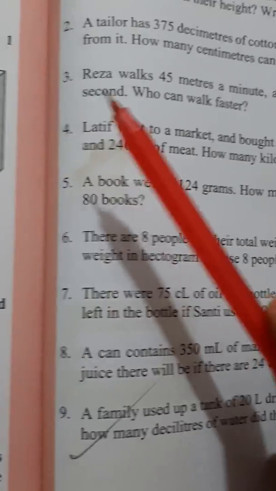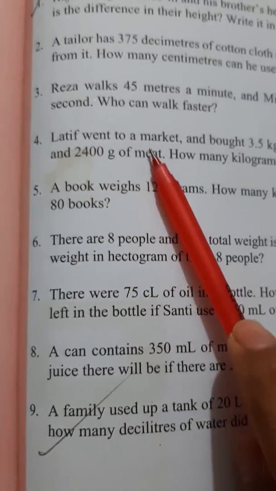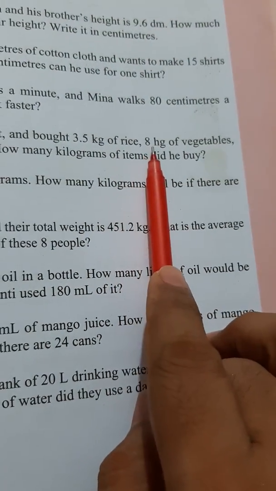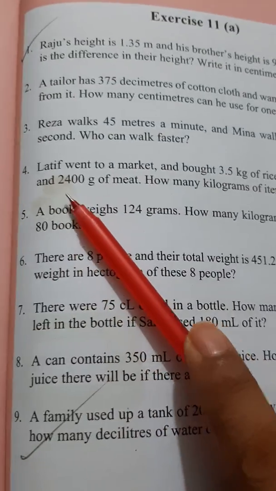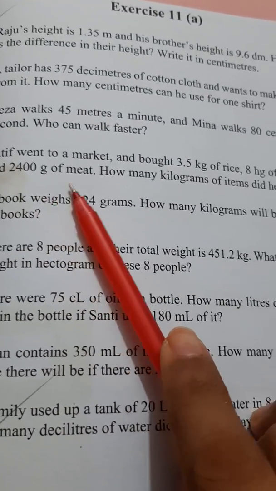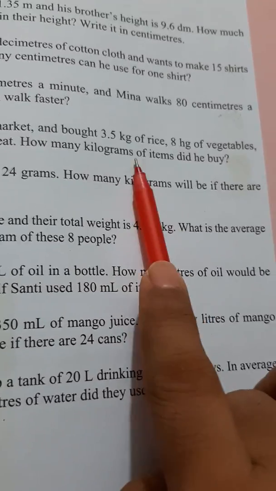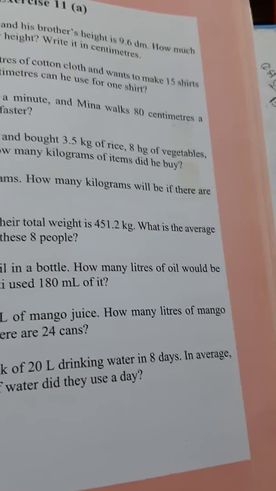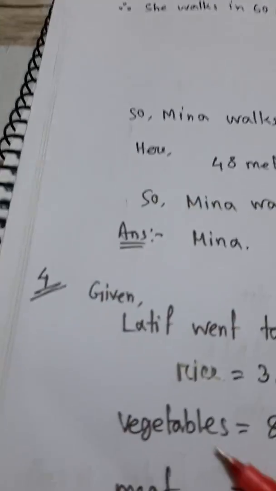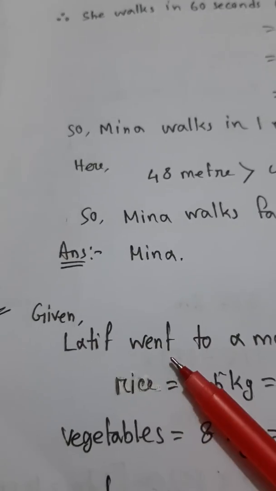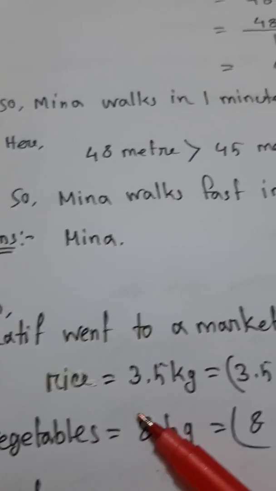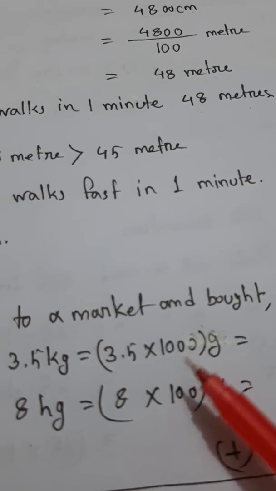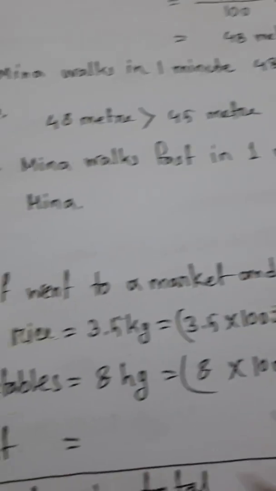Next, number 4. Latif went to the market and bought 3.5 kg of rice, 8 hectograms of vegetables and 2400 grams of meat. How many kilograms of items did he buy? Rice is 3.5 kg, converted to grams by multiplying by 1000, which is 3500 grams.